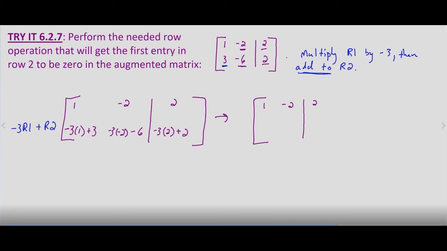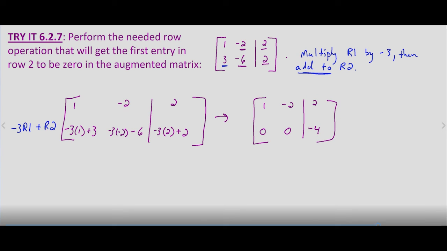And our second row, negative 3 times 1 is negative 3, plus 3 is 0. So we did what we were supposed to do. Negative 3 times negative 2 is 6, minus 6, that's 0 as well. And then negative 3 times 2 is negative 6, plus 2 is negative 4.